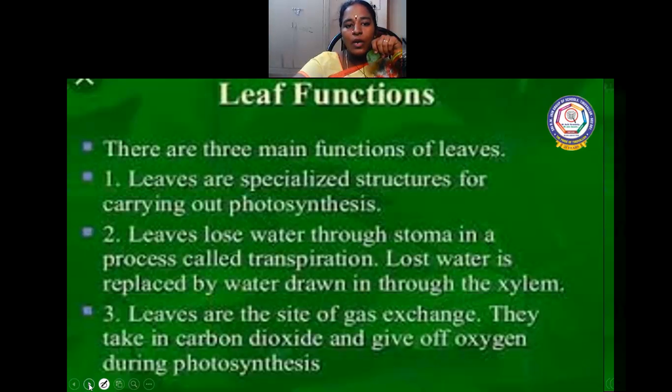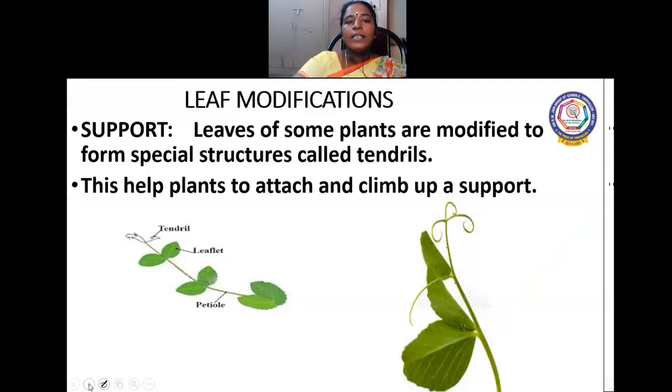It is a very important structure in the plant, and it prepares food for the plant, and it loses extra water from the stomata, and this process is known as transpiration. And leaves are also involved in gas exchange. They take in carbon dioxide and give off oxygen during photosynthesis.